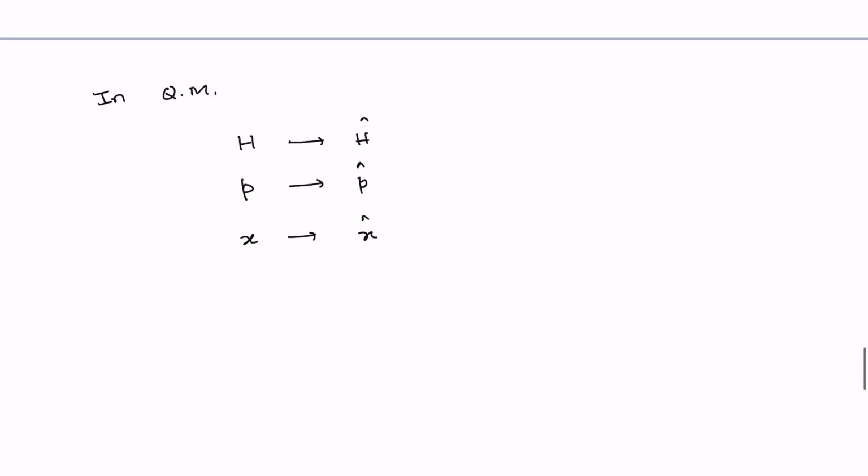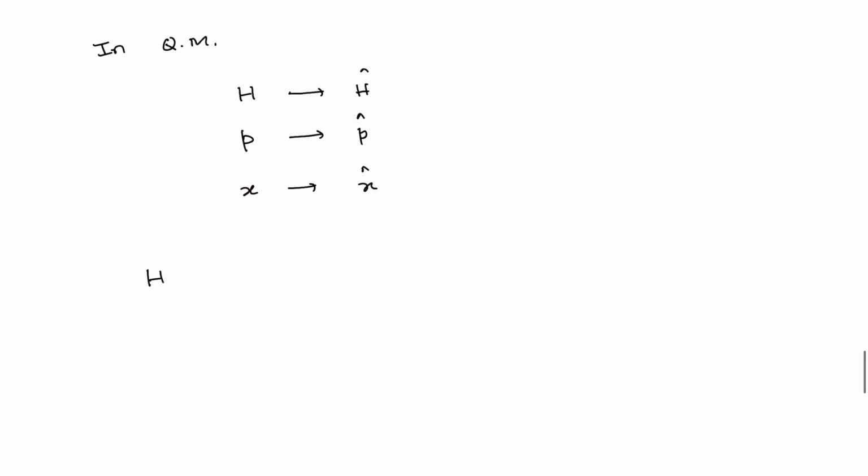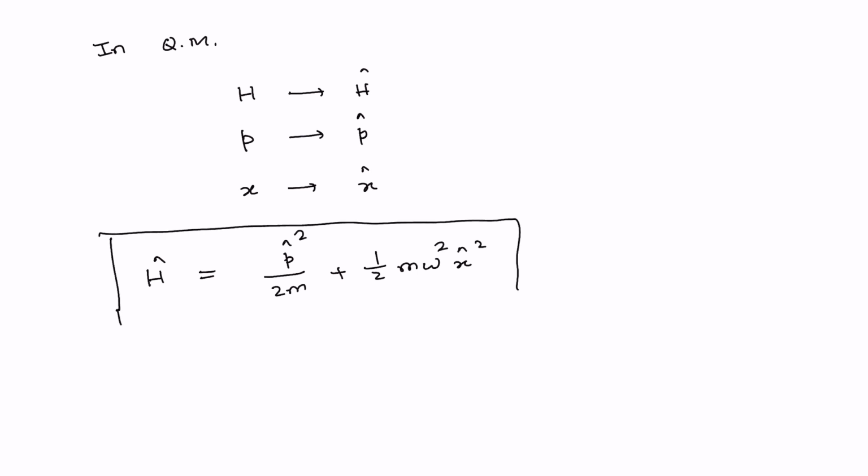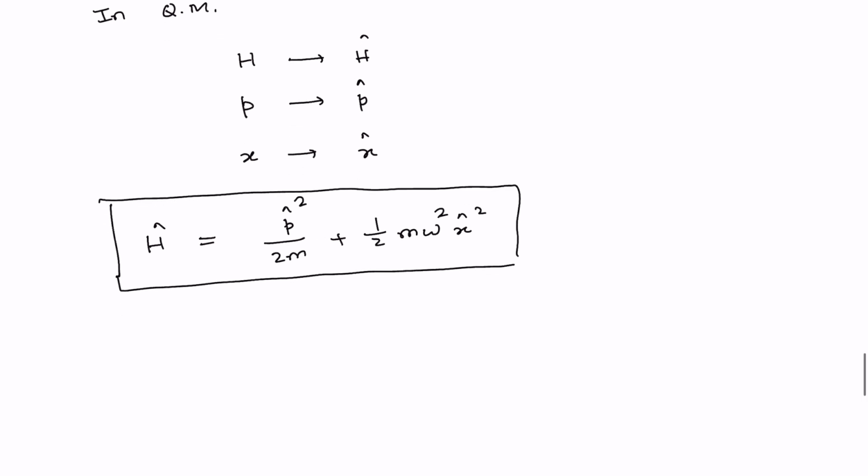It's an operator now, and therefore the Hamiltonian operator for the quantum harmonic oscillator is p hat square by twice m plus half m omega square x hat square. So this is the harmonic oscillator Hamiltonian in the quantum regime.